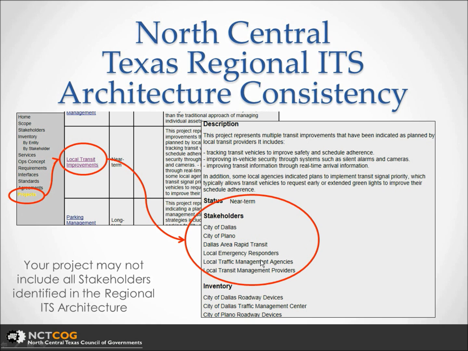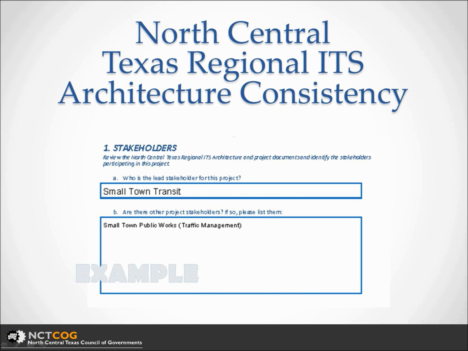In this case, it's the local traffic management agencies and local transit management providers. This would be small town transit and small town public works, who are part of these groups. The form is completed to show that small town transit will lead the project, while small town public works will support the project.